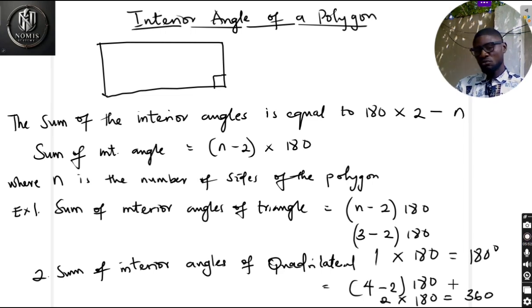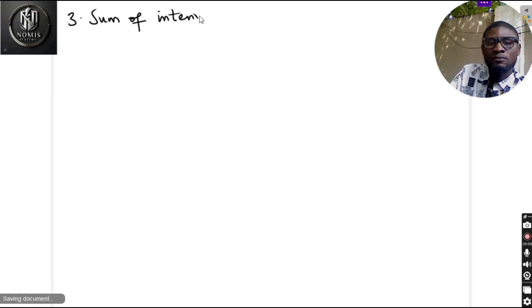So let's check for another polygon now. Let's take an example of a hexagon. Let's say the sum of interior angles of a hexagon.